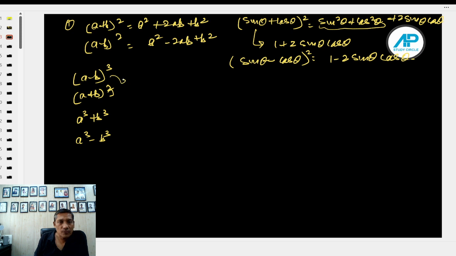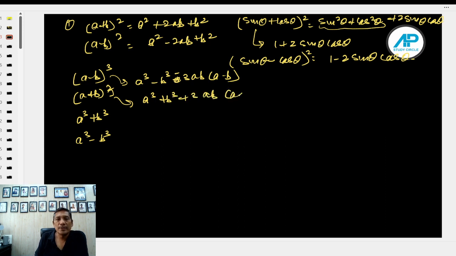There are many formulas for these, but I would be using the basic identities right now: a cube minus b cube minus 3ab bracket a minus b, and a cube plus b cube plus 3ab a plus b.